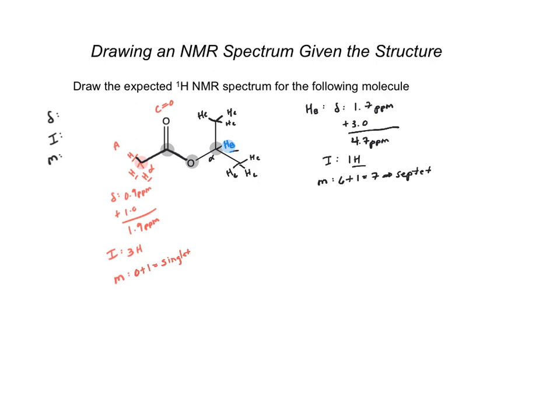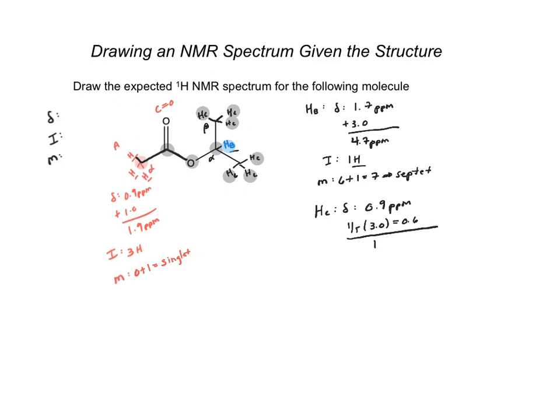Finally, we'll move on to HC. These guys are all equivalent with respect to one another. For HC, we'll start with chemical shift. They are all methyl groups. Now, if the A protons were alpha to an ester, these are beta to an ester. So we're going to add on 1/5 of that 3. 1/5 of 3 is 0.6.